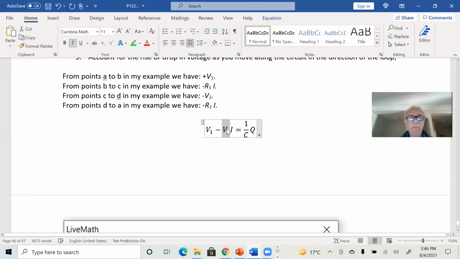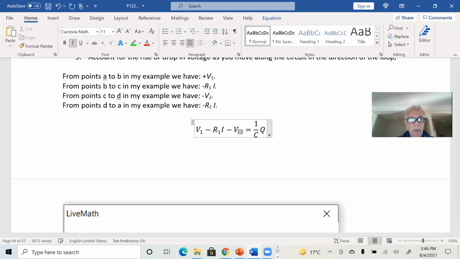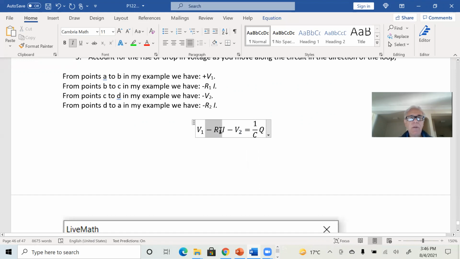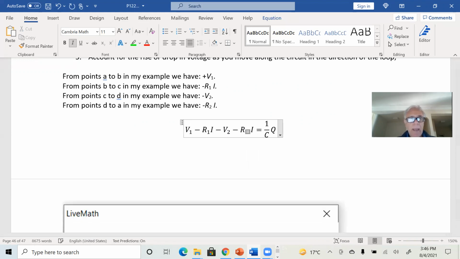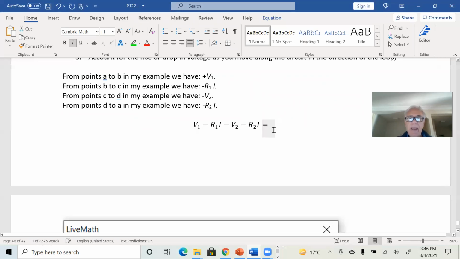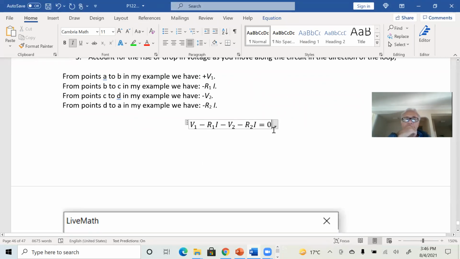I, not I1, but I. There is just one branch, so there wouldn't be any I1 there. We're going to get minus V2, and minus R2I. What goes on the right side is 0, because we have gone full circle. Like I said, this is the easiest type of circuit problem that you're going to see out there.